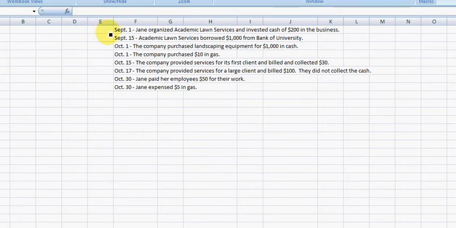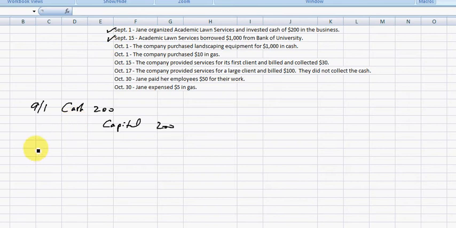So here on September 1st, Jane organized the company Academic Lawn Services and invested cash of $200 in the business. So on September 1st, she's put $200 cash into the company. And if you recall the basic accounting model, assets equal cash of $200, therefore owner's equity must be $200 in capital.